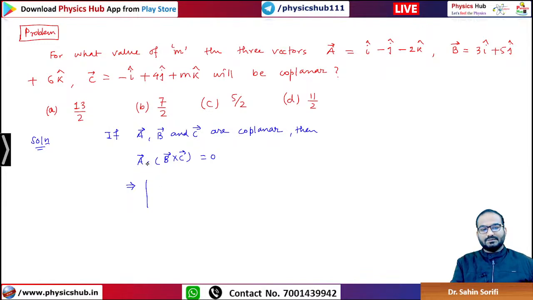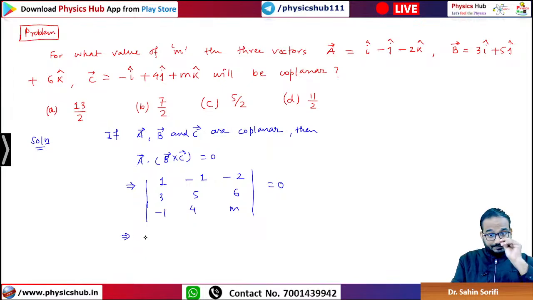How do we write the scalar triple product? We write the components. The components of A are 1, minus 1, minus 2. Here it is 3, 5, 6. Here it is minus 1, 4, m. This value will be 0.